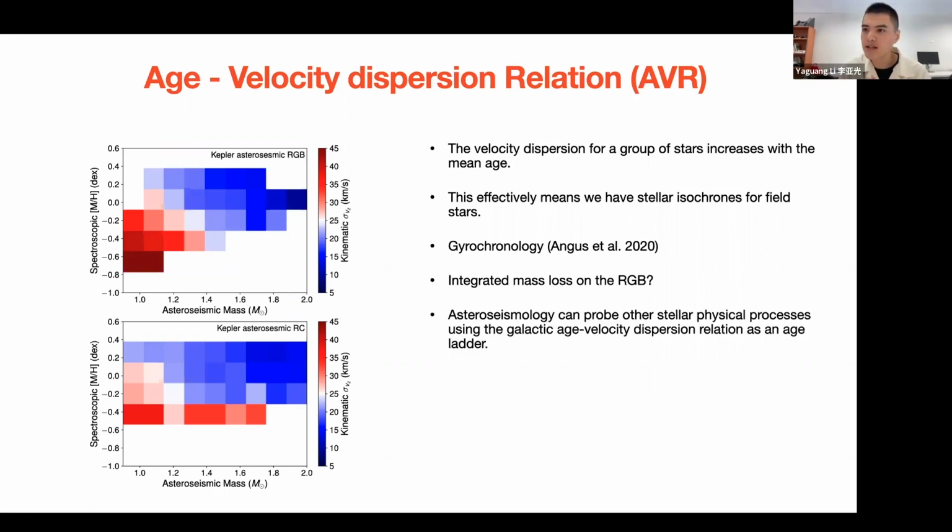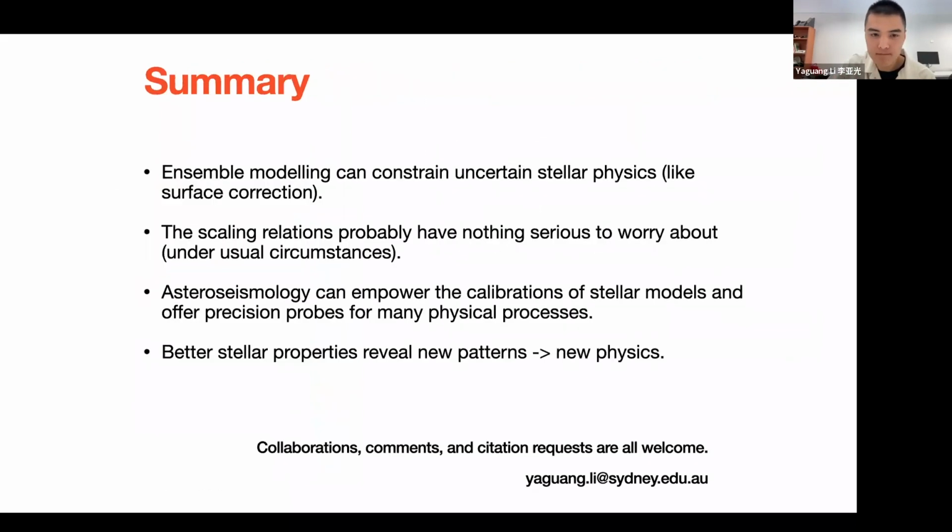So astroseismology, once we have great stellar properties, can really probe other stellar physical processes, and this age-velocity dispersion relation can really serve as a great age ladder to make good use of our great astroseismic properties.